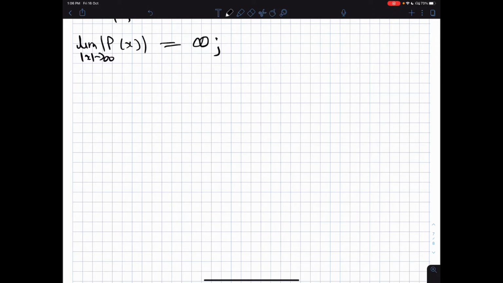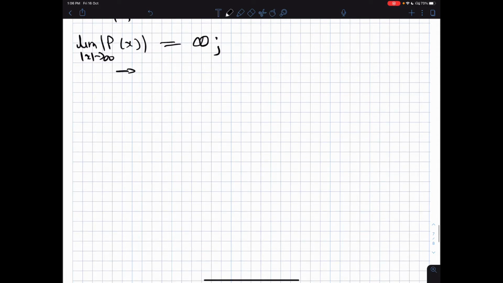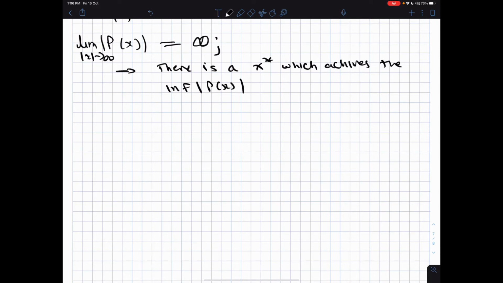Once we have said that it is a coercive function, then we can say that there is an x star, finite, which achieves the infimum of modulus of P of x, that is, minimize modulus of P of x has a solution.